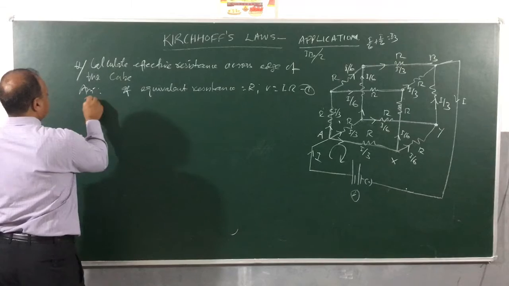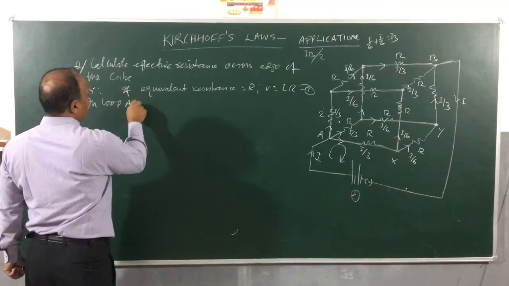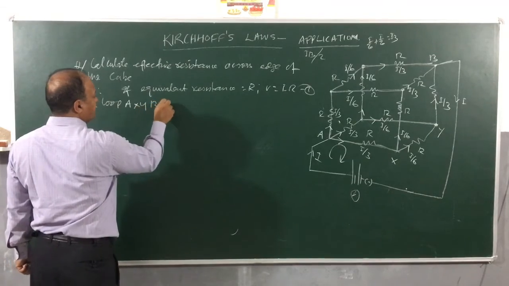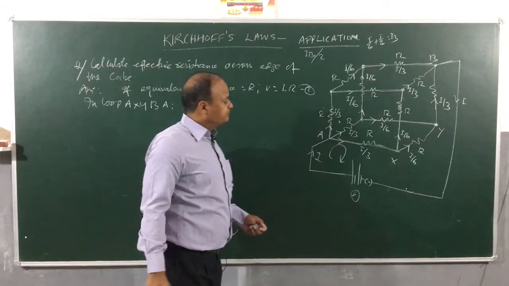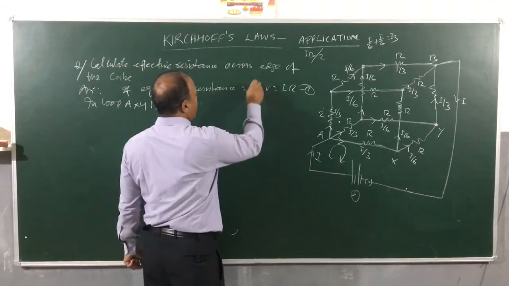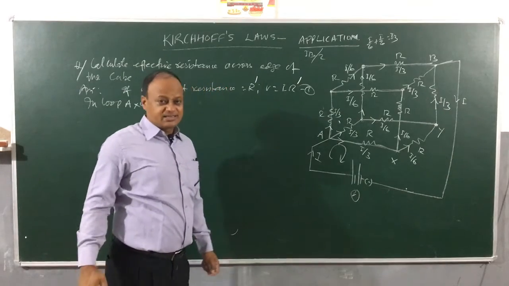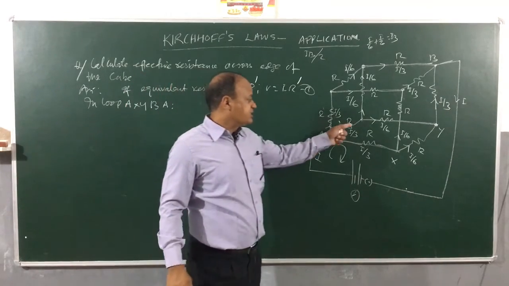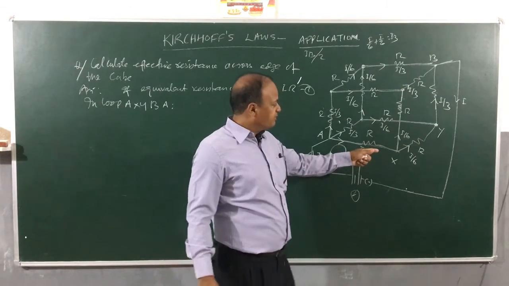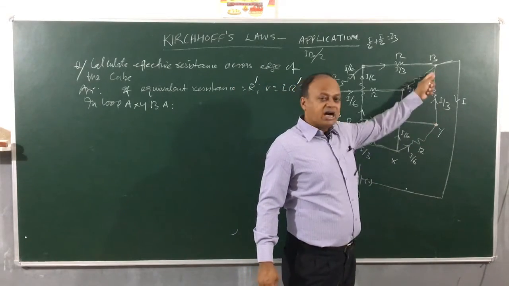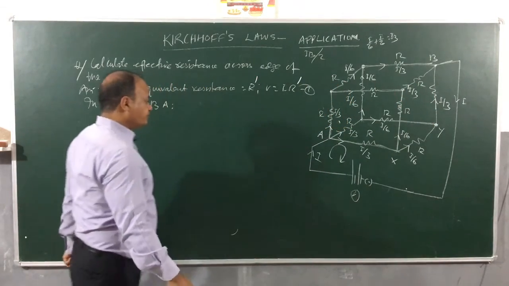Then in loop A X Y B A, let the effective resistance be R dash, I will say. So how much is V? I into R dash. I am not taking R because each resistance is already given equal to R. So you can see I by 3 is positive, I by 6 is positive, I by 3 is also positive, right?